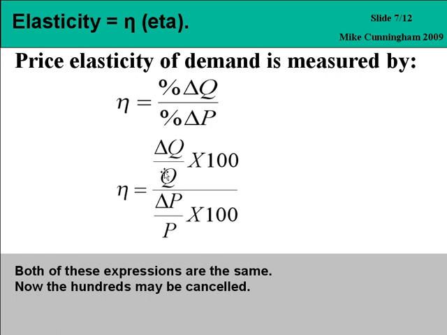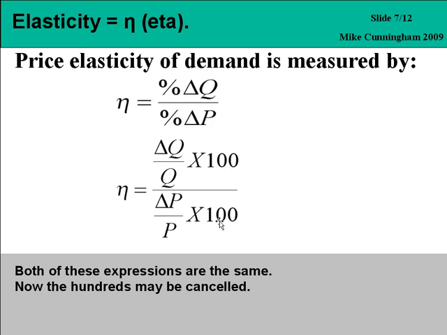That's how you work out a percentage. You take change in something divided by the total amount, multiply it by 100. And that's all divided by the change in price. Remember, delta here, the triangle means change in. The change in price divided by the price times 100.